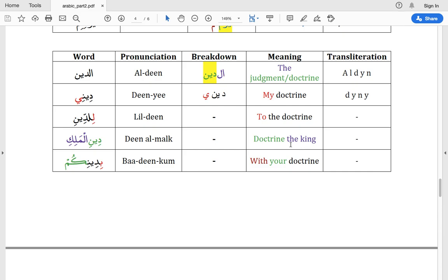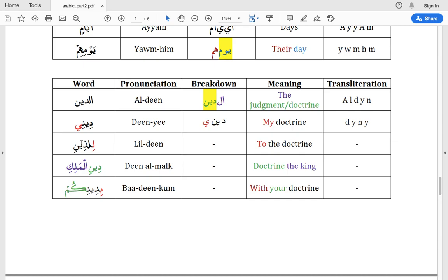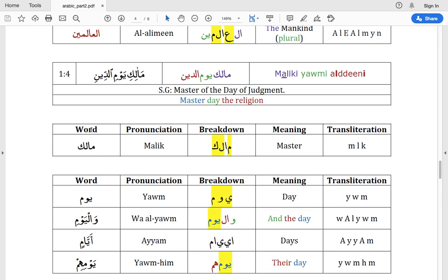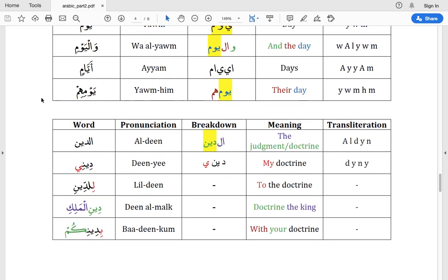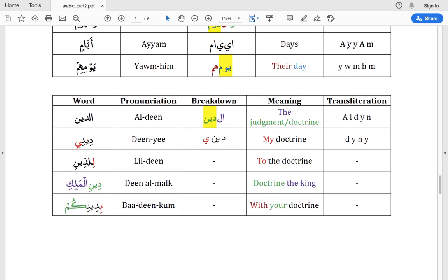This is in lesson one as well, where it says, pray, that God is Maliki Yawmiddin. That one was Master, Yom, day, and Deen, religion. I think it's in here as well. Yeah, Maliki Yawmiddin. So you see how it's being placed here. I just took the Malik and I put it at the end. So we had Deen al Mulk. So doctrine, the king.